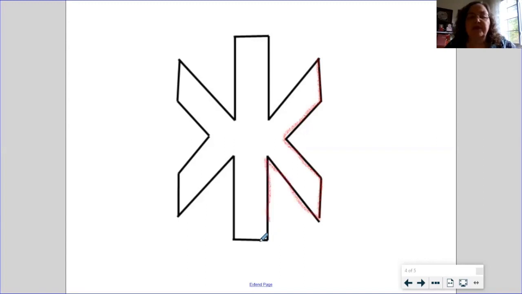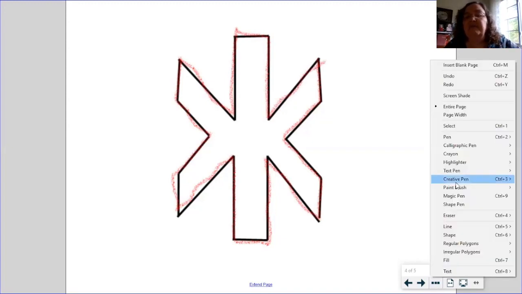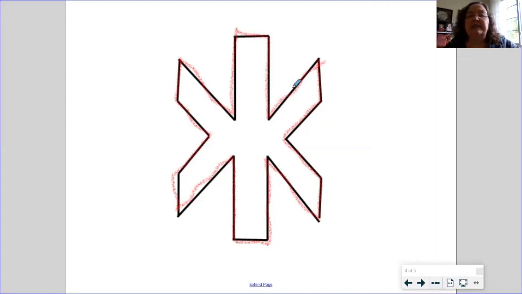Just make sure I get all the way around to all of the edges. And then after I go over it with my crayon, maybe I'll do something fancy, and you can change your color too. Maybe this time I'll use some daisies on there to make sure that I get all of my perimeter colored.